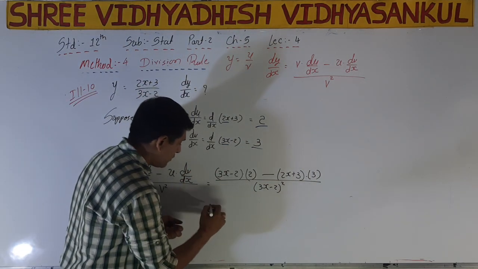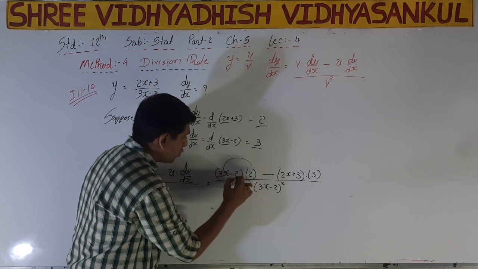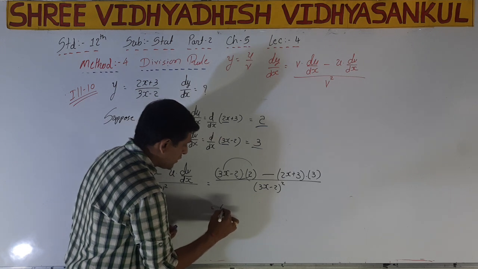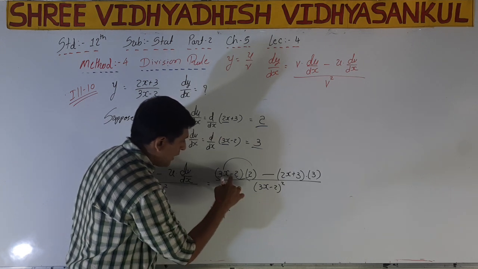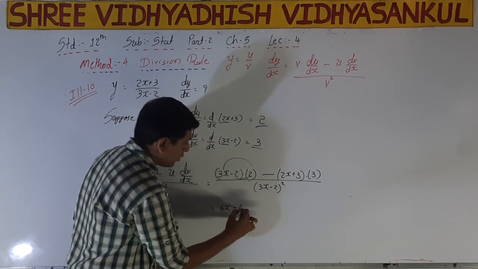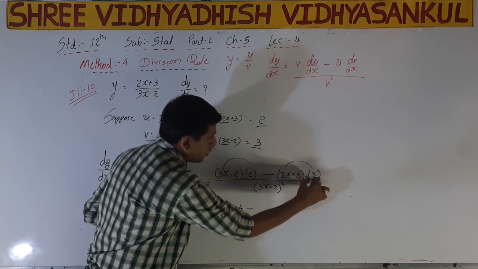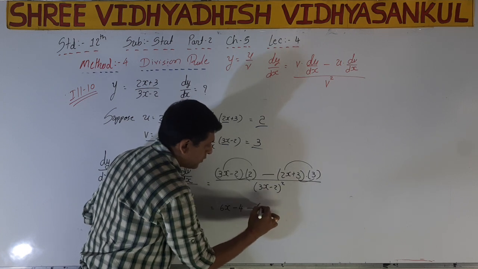Multiplication of these into these: 3x into 2, 6x, minus 4, minus 6x.